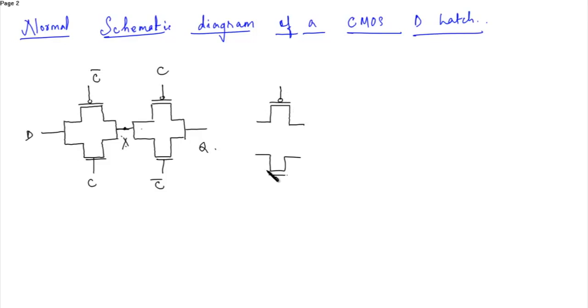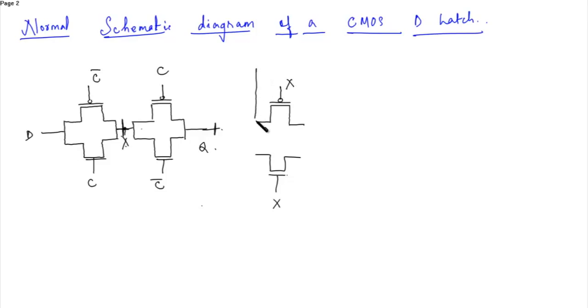From the gate, input was given. This is X. Here from this position up to this, we had two inverters present that we are drawing here. This is X and X.